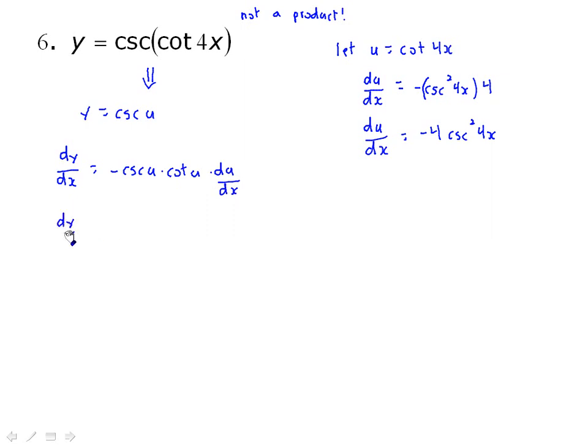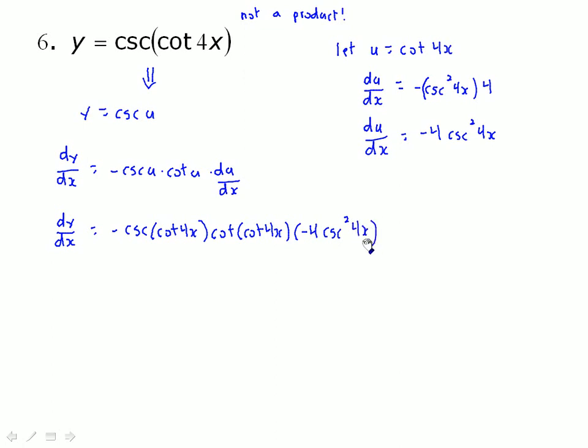So dy dx is equal to negative cosecant of u, which is cosecant of cotangent 4x, multiplied by cotangent of u, which is cotangent of cotangent 4x, then multiplied by du dx, which is negative 4 cosecant squared 4x.